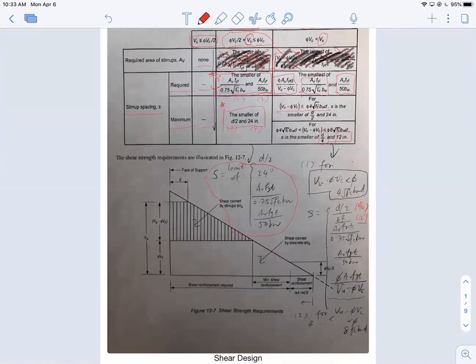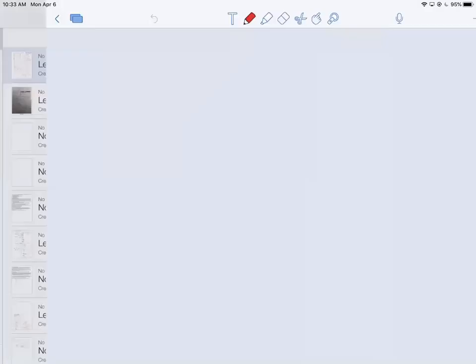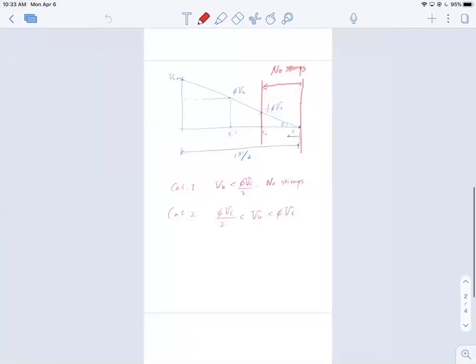So for this case, the required spacing S should be smaller than or equal to the least of D divided by 2, 24 inches, AVFYT over 0.75 square root F prime C BW, and AVFYT over 50 BW.